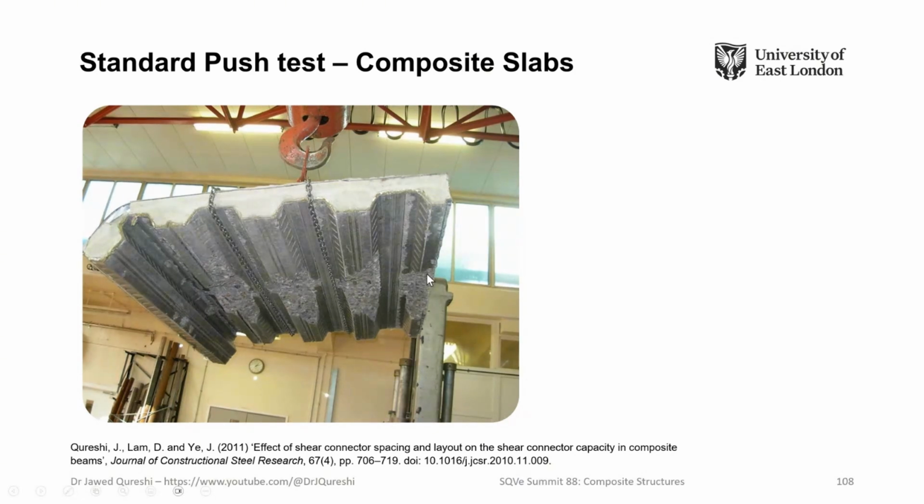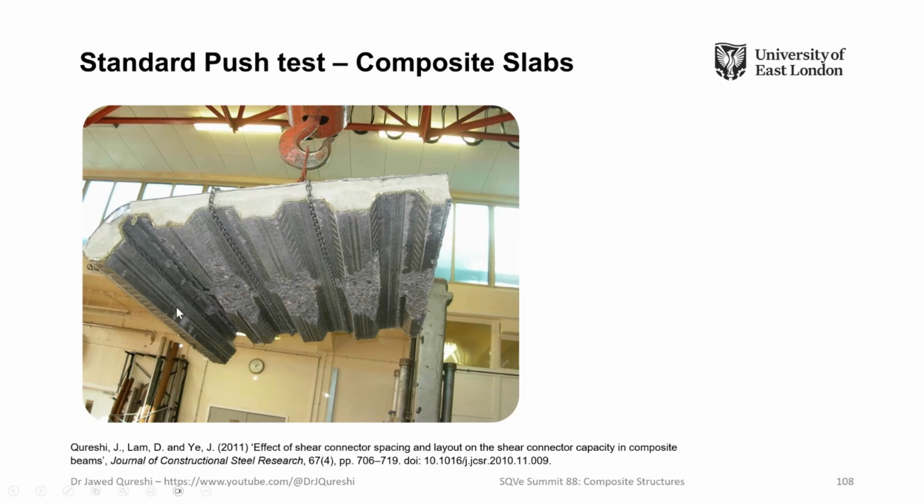You can see that this is the first stud. You can see cones are quite a lot, and the last one, the stud is actually blown away from the concrete, from the steel beam, and then the last rib rotated.